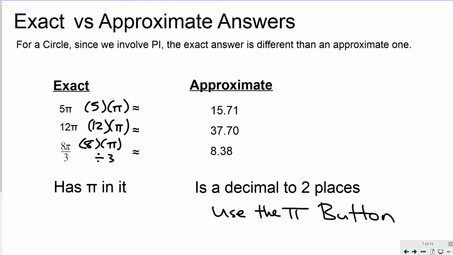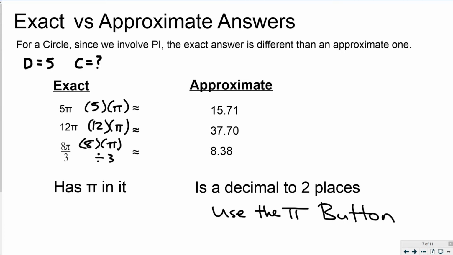And speaking of that, for a circle, since we involve pi, we have two different types of answers. We have exact versus approximate answers. So I'll give you an example. Let's say that I knew that the diameter of a circle was 5, and I wanted to know the circumference.